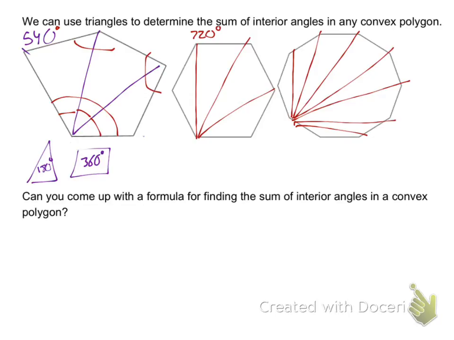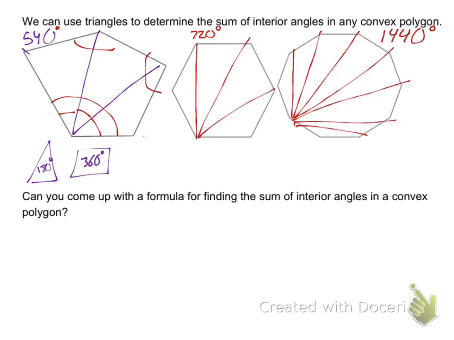So how many triangles am I making though? 1, 2, 3, 4, 5, 6, 7, 8. Correct. And 8 times 180 is? It's 1440. 1,440 degrees?